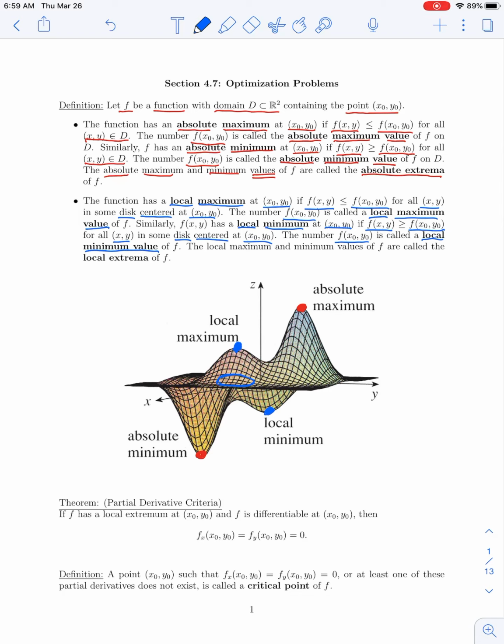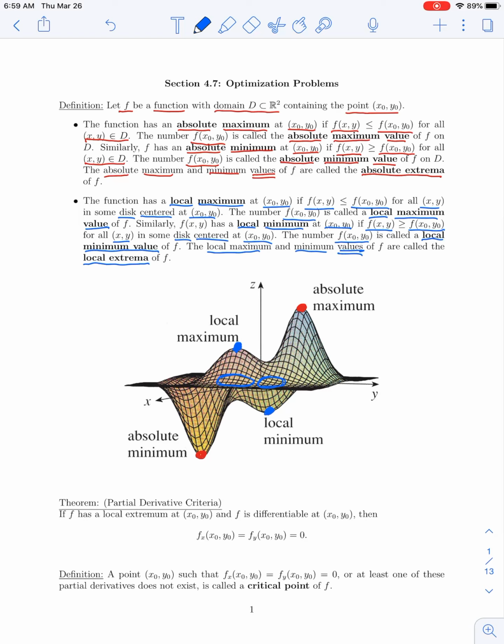So on our surface, a local minimum is the smallest value that our function takes for points (x, y) in some disk within our domain. And together, we would say that the local maximum and minimum values of our function are called the local extrema of that function.